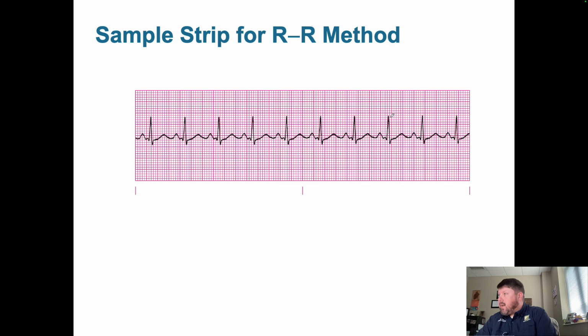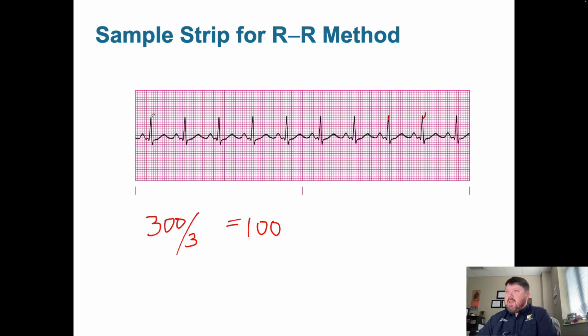So I've got 1, 2, 3 small boxes between this R wave and this R wave. So what I'm going to do is take 300 and divide 3 into 300, and that gives me a heart rate of 100.